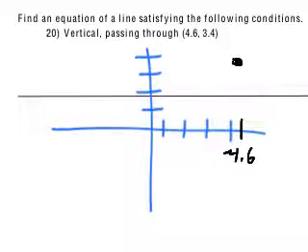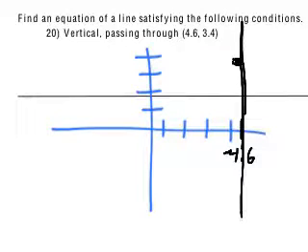Now, if it's a vertical line, it means it's got to pass through x at this spot, assuming I made the point in the right place. It's got to be up and down right there. You notice it's all kinds of rise, but no run. It doesn't matter what y is.